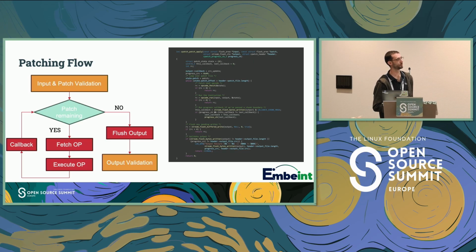While there is patch file remaining, fetch the next opcode, execute it, run some callback so you can tickle all your watchdogs, because you don't want to reboot halfway through your patching process. And that just runs in a loop until there's no patch file left. At the end of that, you flush whatever might be sitting in your buffers and then read back from the output flash to go, hey, yes, this matches what I was expecting from the patch file header itself. So you go, yes, this patching worked, and I should try and reboot into it.